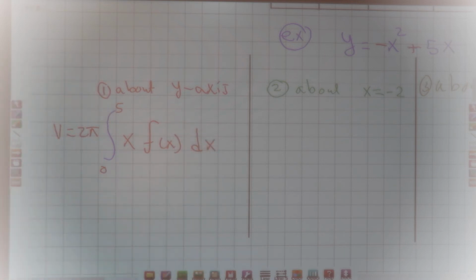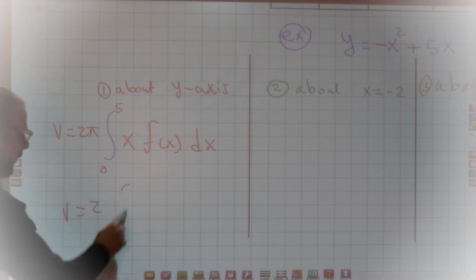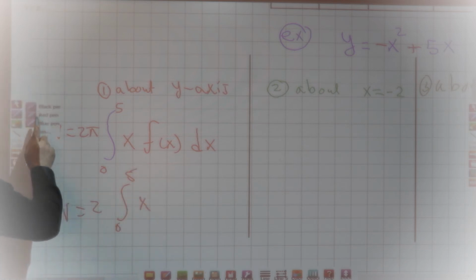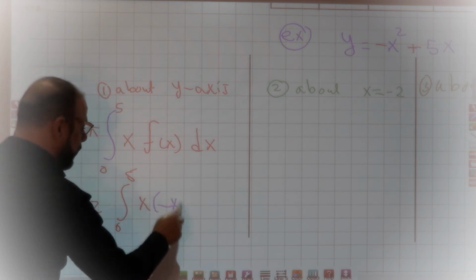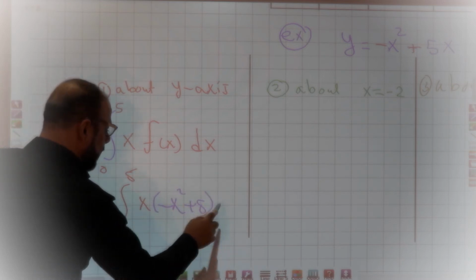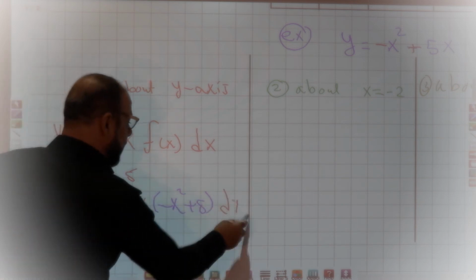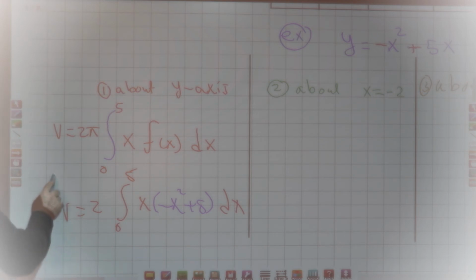That's it, period. Volume equals 2 pi, 0 to 5, x times my function, which is negative x squared plus 5x, dx. I'm positive all of you can do this integration.